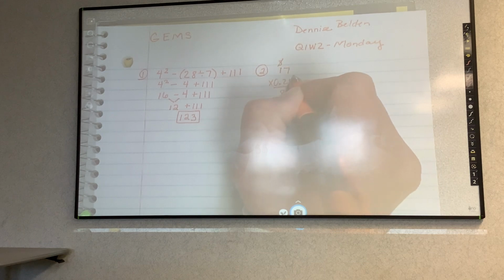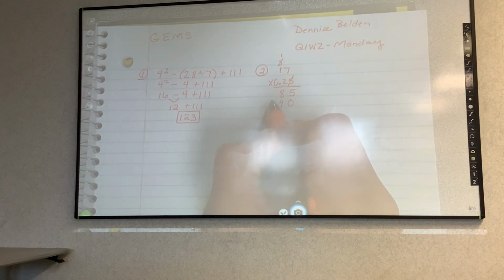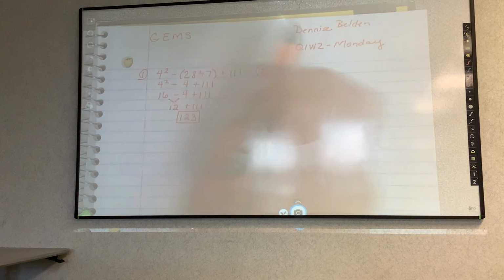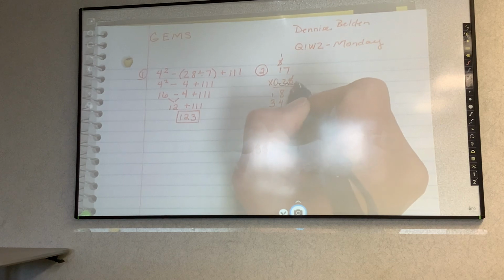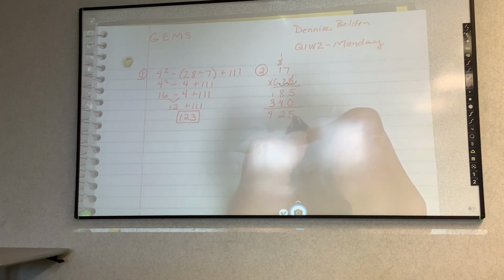Cross off what you used. Add a 0. 2 times 7 is 14. 2 times 1 is 2, plus 1 makes 3. Add them all up. And then at the end, count your number of decimals. 1, 2. So then I go from the right and I come into the left, 1, 2.